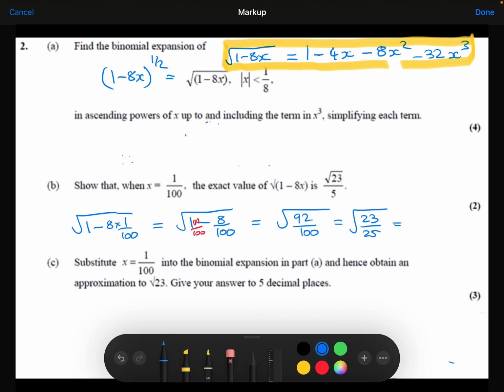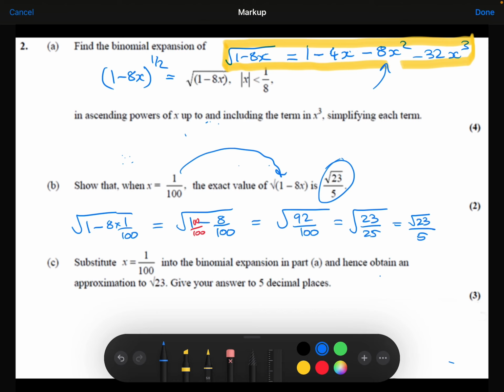And we can't square root the 23, but we can square root the 25 to get 5. And that's what we needed to show. So we have shown that when we substitute 1 over 100 in here, we get this. Part C now says to substitute 1 over 100 into the expansion and hence obtain an approximation for root 23.